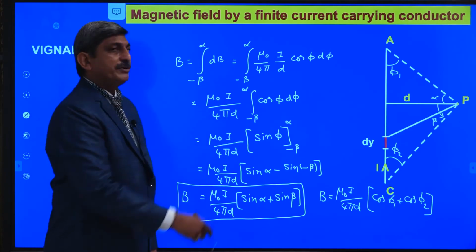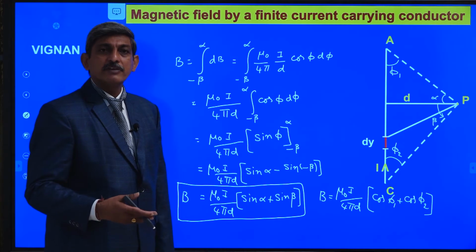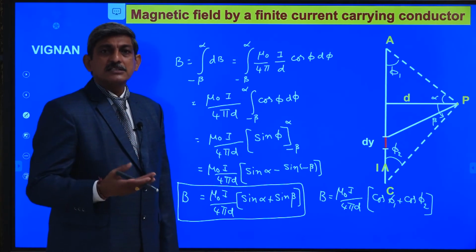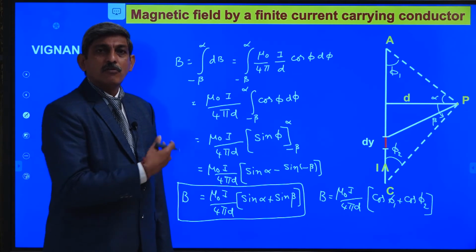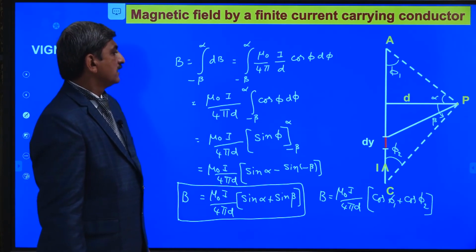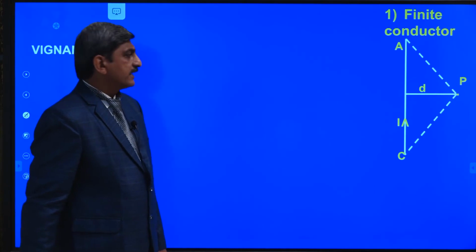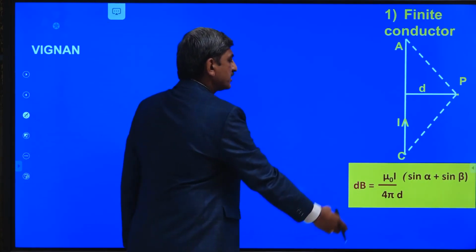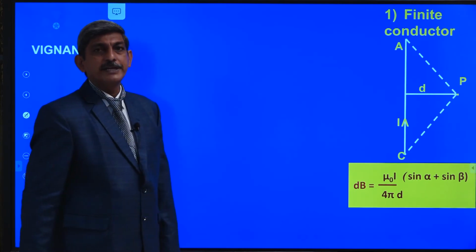Here we derived the equation for the finite conductor. Sometimes the conductor may have larger lengths, that is, infinite lengths. In such cases, what modifications do we have to make to that equation? Suppose in case of the finite conductor, we derived the equation, that is B is equal to mu naught I by 4 pi d into sin alpha plus sin beta.